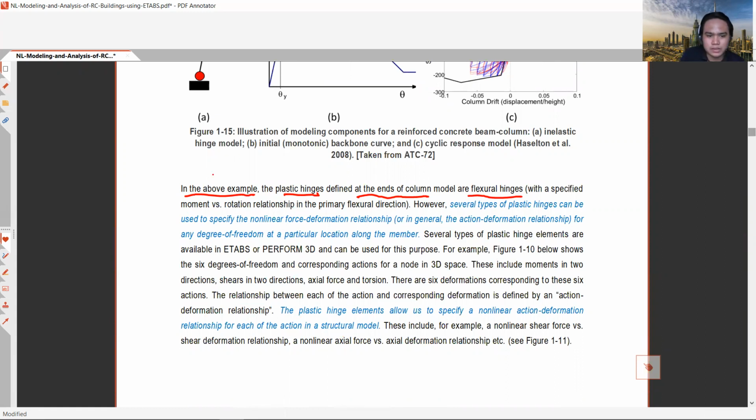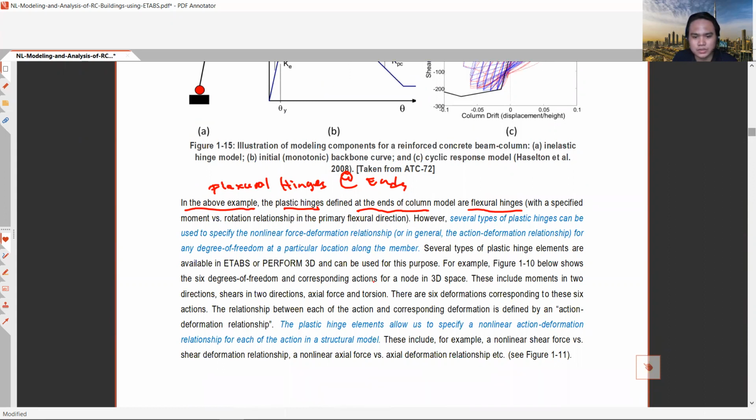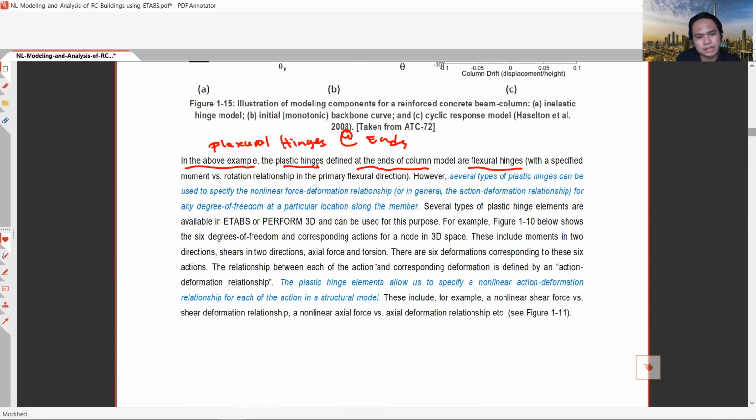So take note of this one, flexural hinges at ends. Okay. So with a specified moment versus rotation relationship in the primary flexural direction. Okay, so kailangan daw natin mag-specify ng moment versus rotation relationship in the primary flexural deformation.